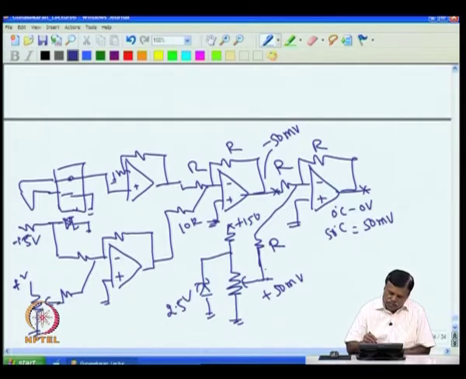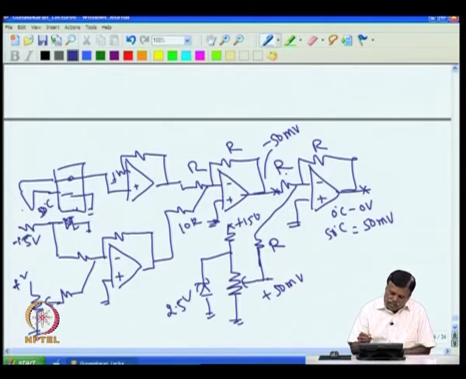So this is plus and minus and the ratios are equal, so I will get 0 volt. The error will become 0, because our set value and the actual temperature are one and the same. So if the temperature is at 50 degree C, then I know that I will get here minus 50 millivolt.